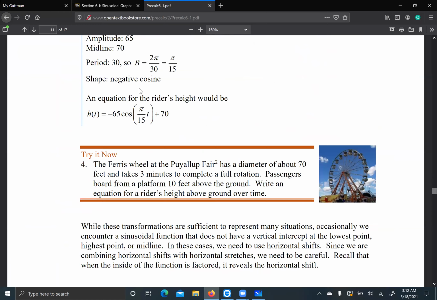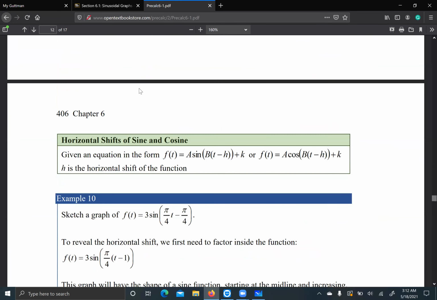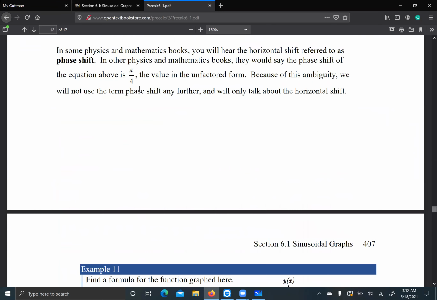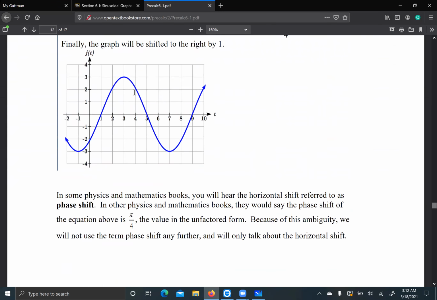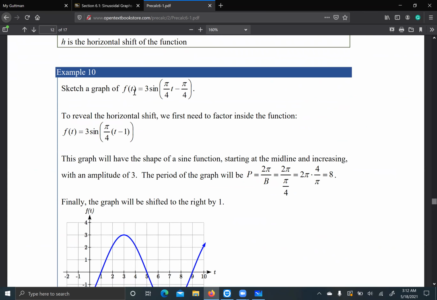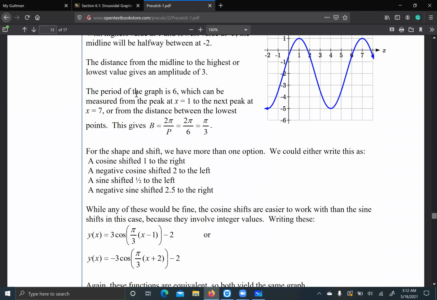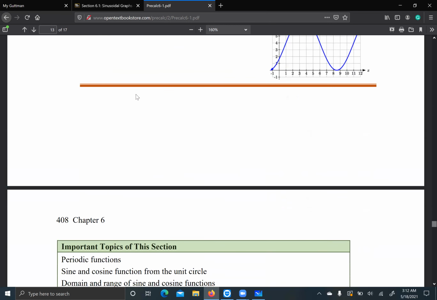Okay, I think that's all. There is also something about phase shift, but I think that's enough for now.